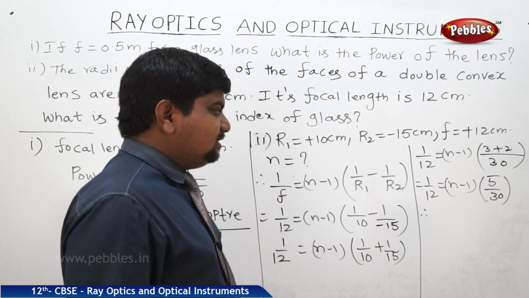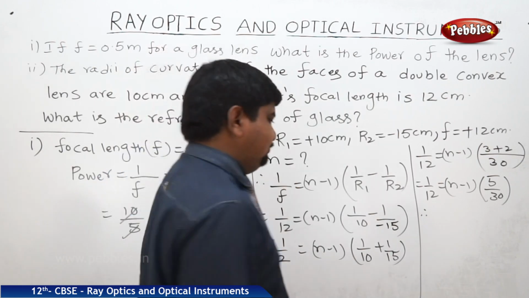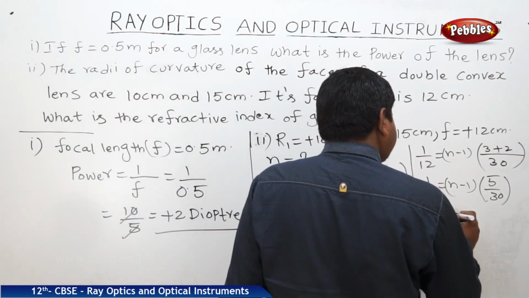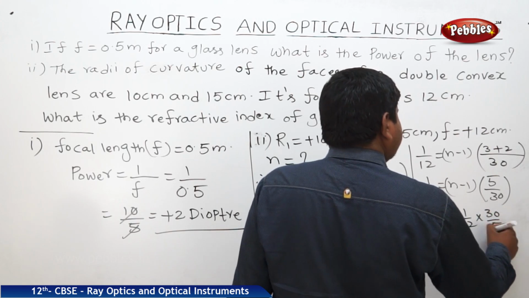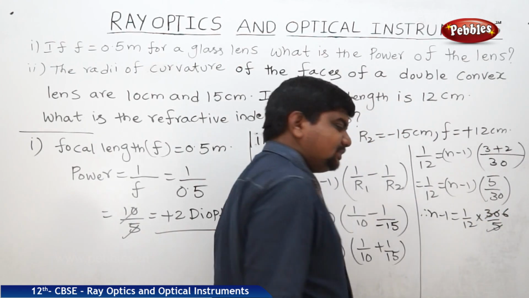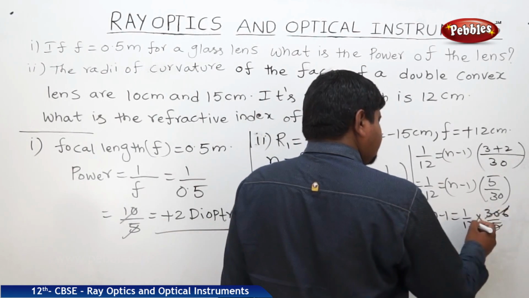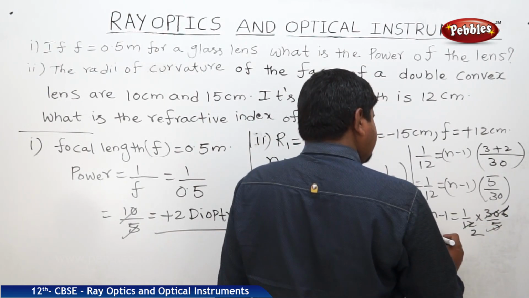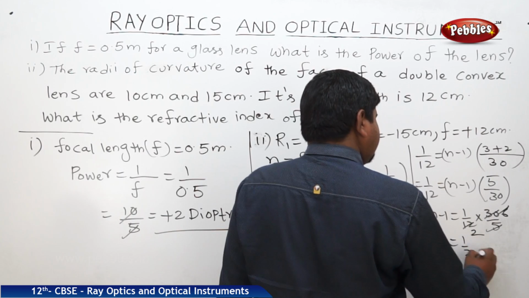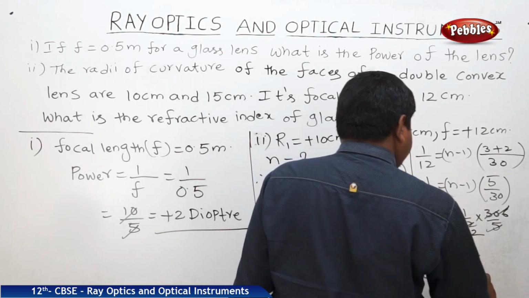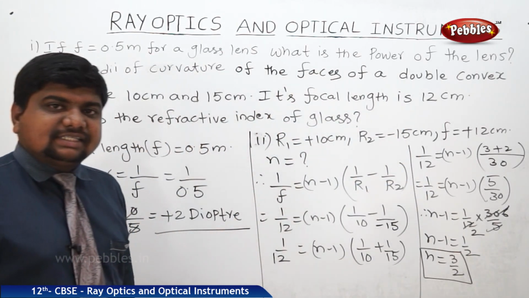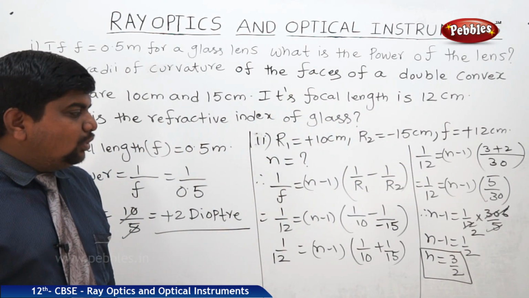Therefore, n minus 1 is equal to 1 by 12 into 30 by 5. 5 into 6 is 30, and 6 into 2 is 12. n minus 1 is equal to 1 by 2. n is equal to 3 by 2. So the refractive index is 3 by 2, nothing but 1.5.